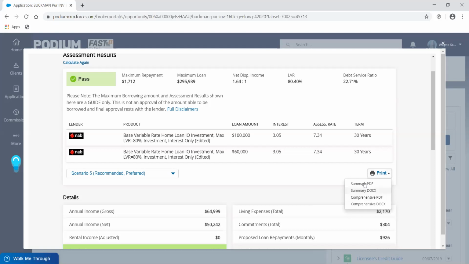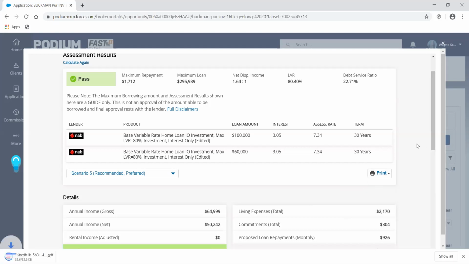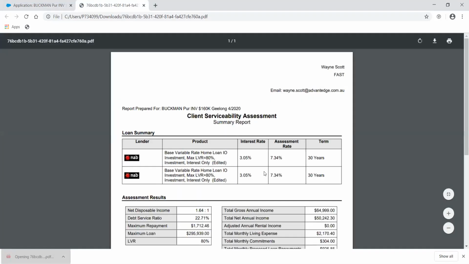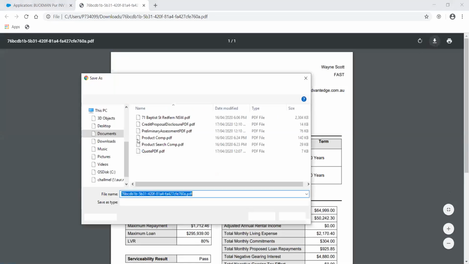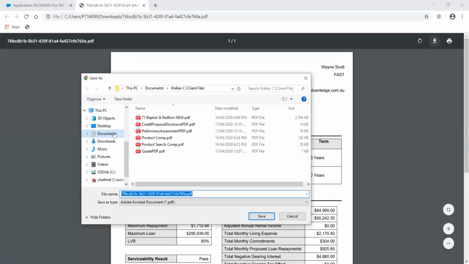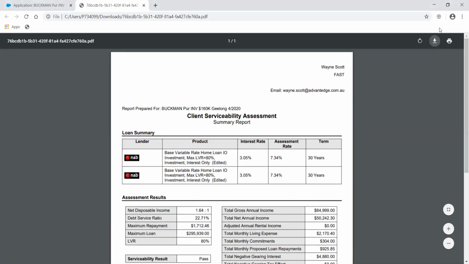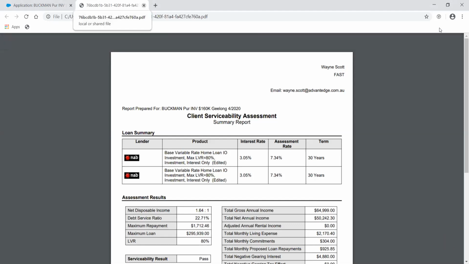So we would hit summary PDF and the document would pop up for us. Then we can download that document, put it in the client file in our documents, and then move it across into Podium. That's what we would normally do.